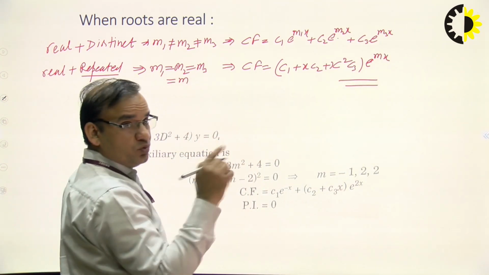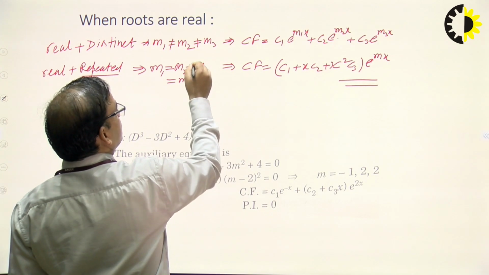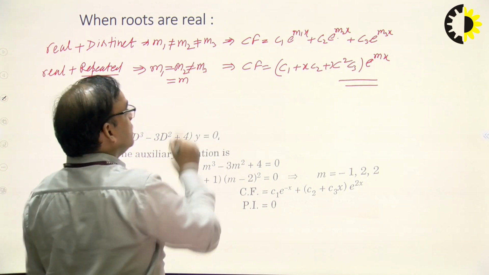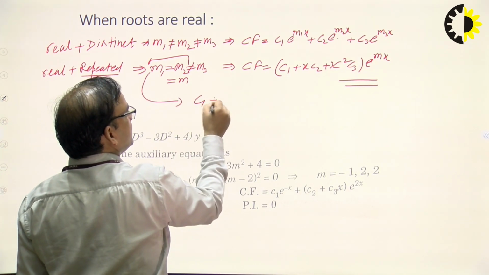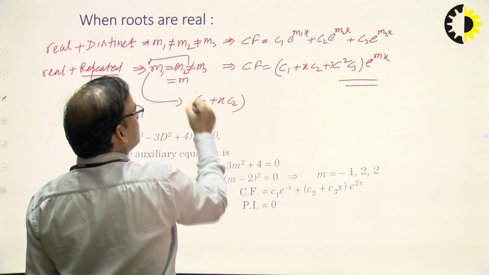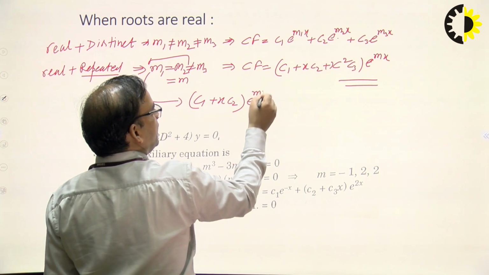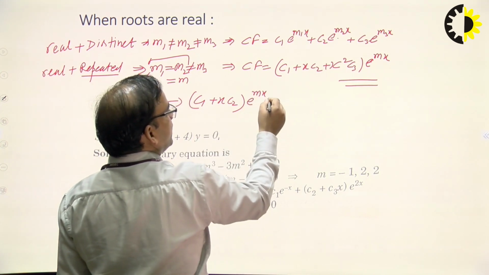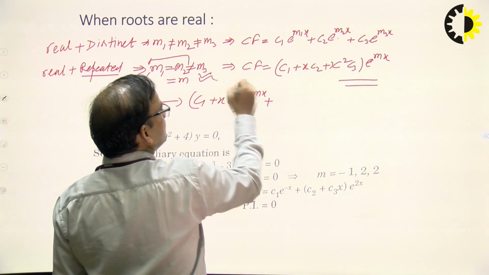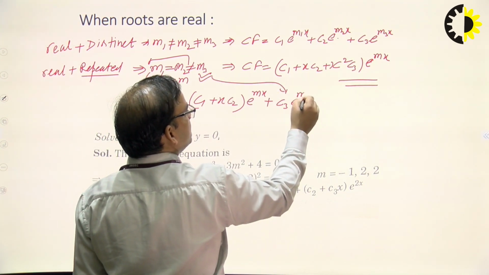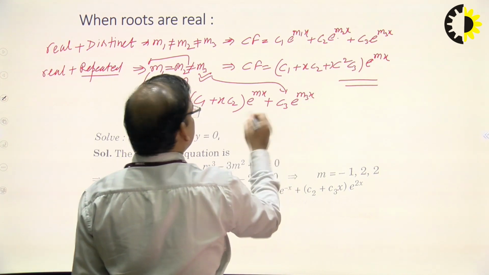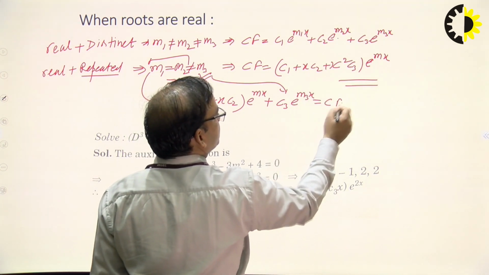If we have only two roots repeated, suppose the third is not equal and both of these are the same, then we have to write (C1 plus x C2) e raised to power mx if this root is common, and plus the third root is written like C3 e raised to power m3x. This will be the CF for this case.